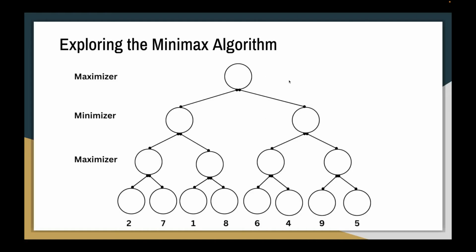The maximizer player wants to go to the maximum value, the minimizer wants to go to the minimum value. So he is trying to minimize the value of the maximum player. That is why here, since two players, maximizer, minimizer, this is why it is called as MiniMax algorithm.